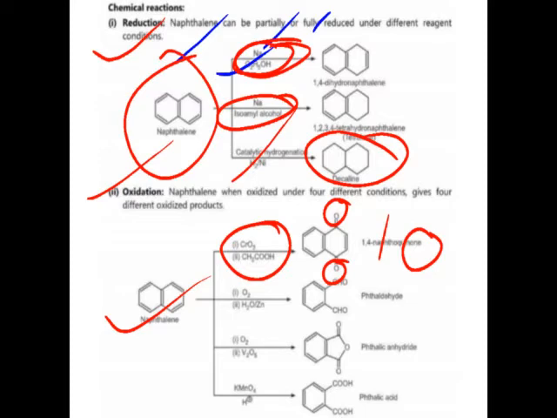So this is the structure of naphthalene. This is the first number, this is second, third, this is fourth. So at the fourth number there is oxygen present, at the first position there is oxygen present. So 1,4 naphthoquinone is the product formed. So when chromium oxide and acetic acid is used, we get the product, that is 1,4 naphthoquinone.